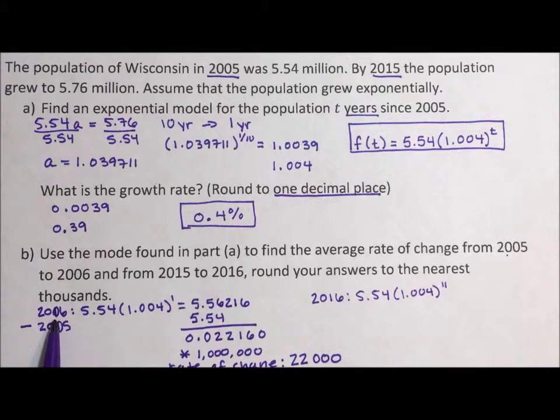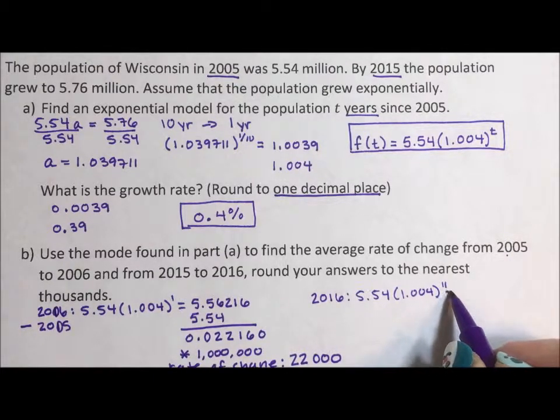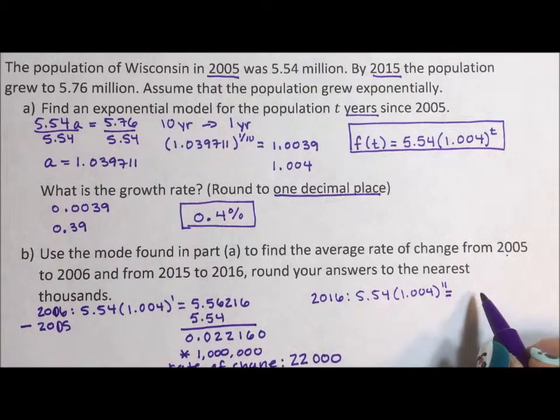I apologize that this was marked as 2016. 2006 is 1 year after 2005, and 2005 is a population of 5.54. 2016 is 11 years later.